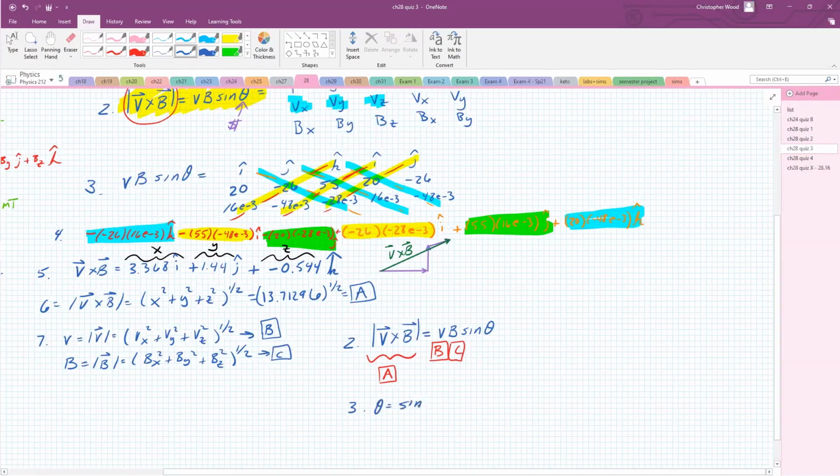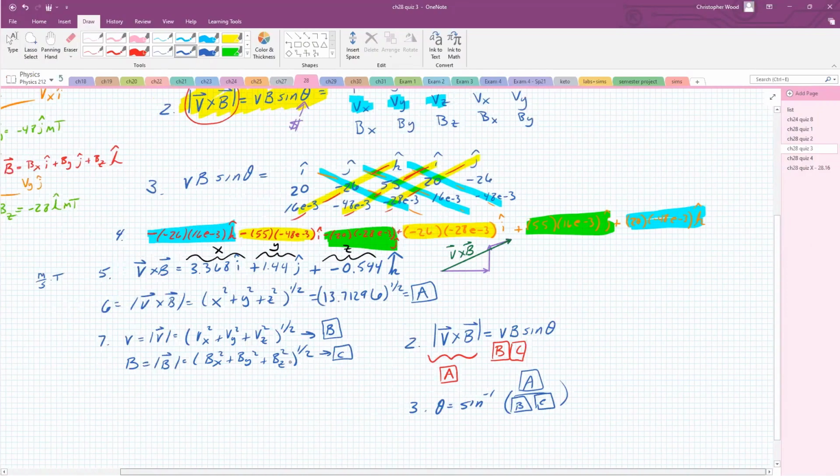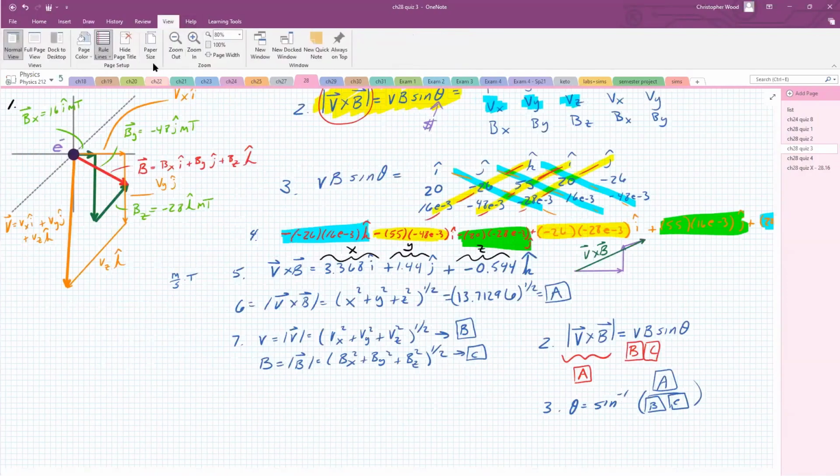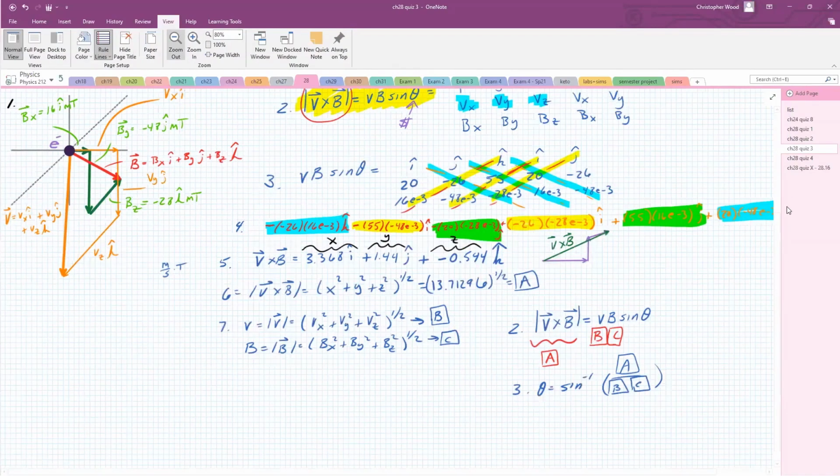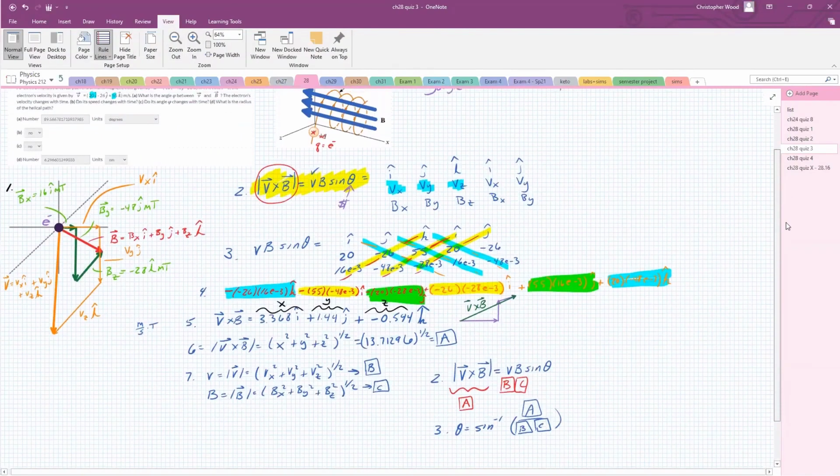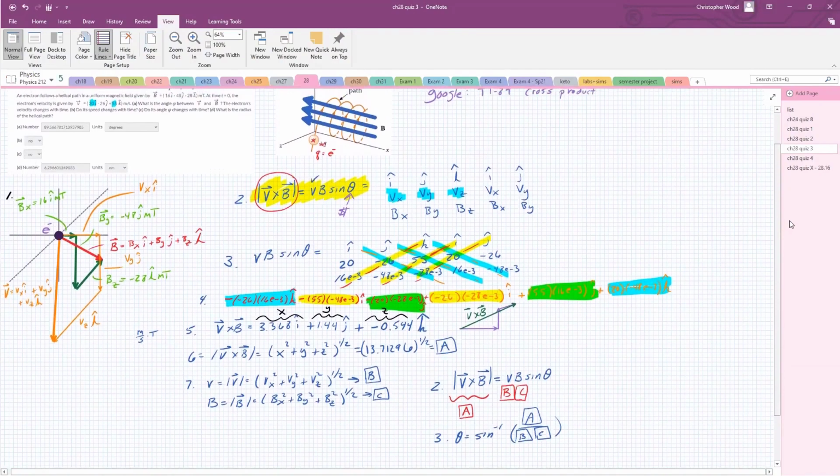Theta equals inverse sine of alpha A all over alpha B times alpha C. And that's the answer to part A. Okay. That is the answer to part A.